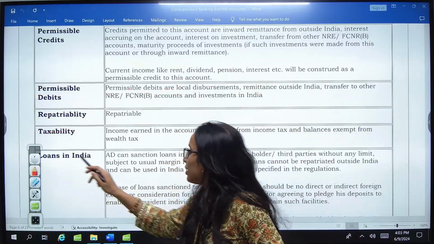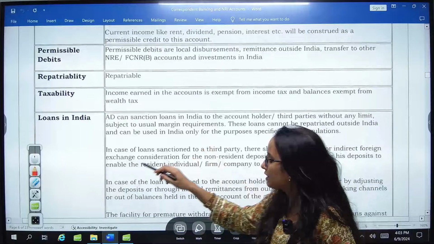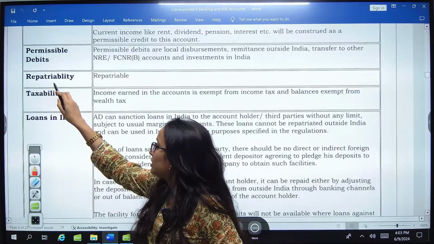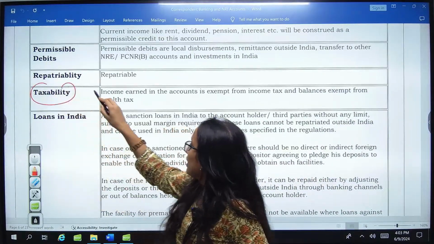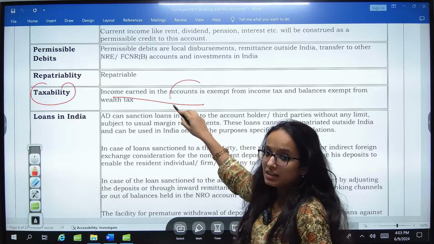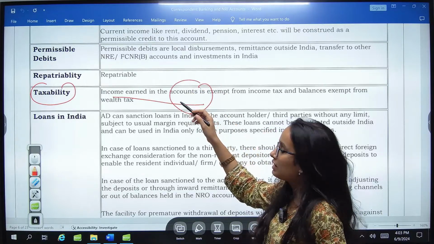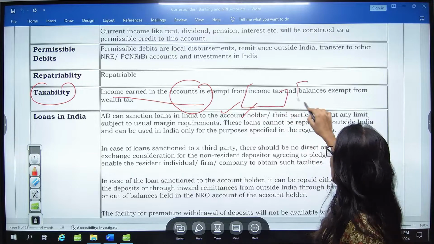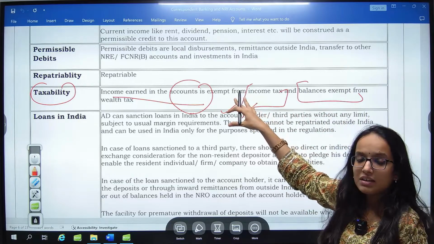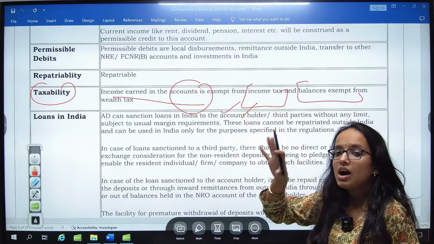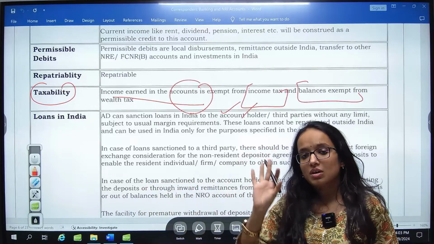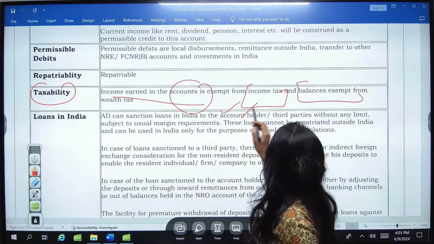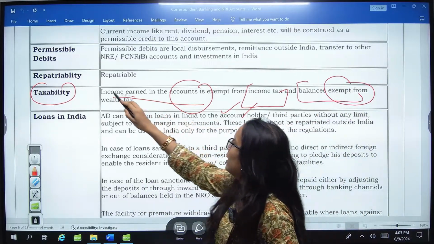Now if we talk about taxability, are these funds taxable? Income earned in this account is exempt from income taxes. Also, the balances maintained here in the FCNRB account are exempt from wealth tax.